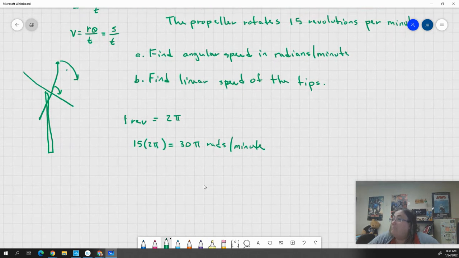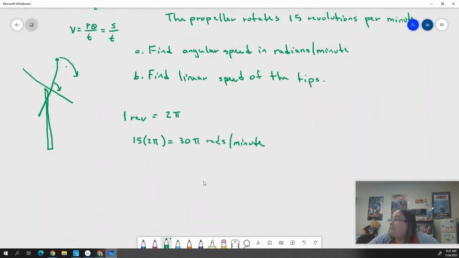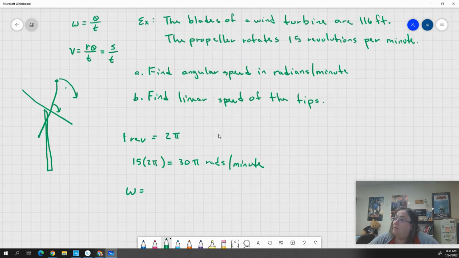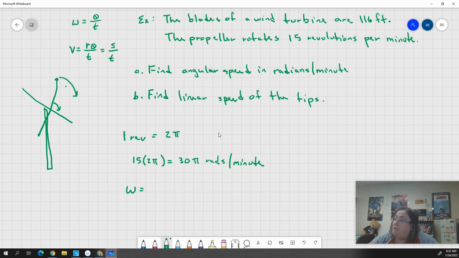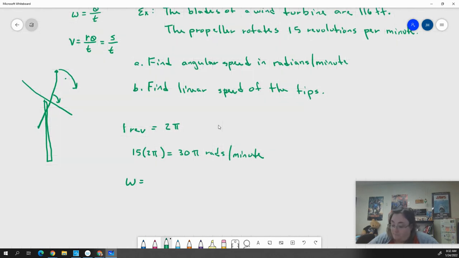Radians over time. I have my radians over time. I know that angular speed equals our central angle over time, theta over time. And what do we know? We know that our theta at this point is 30 pi.